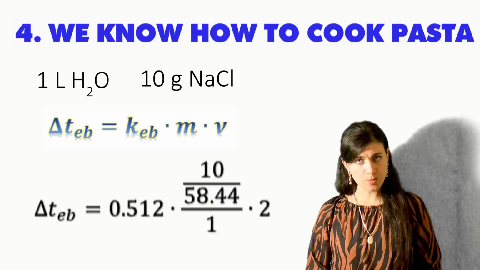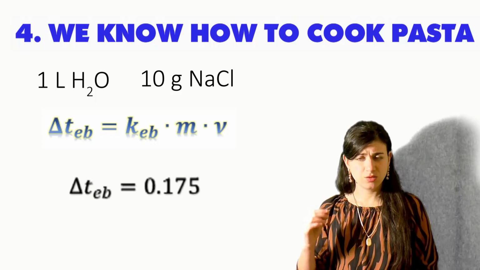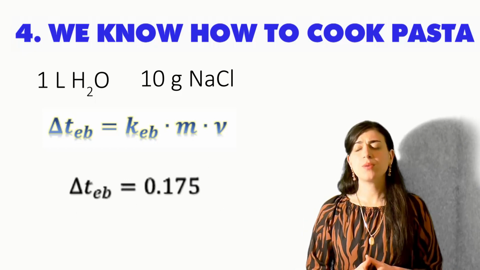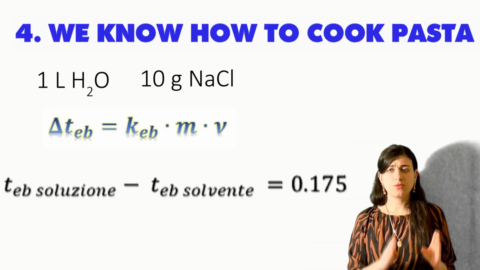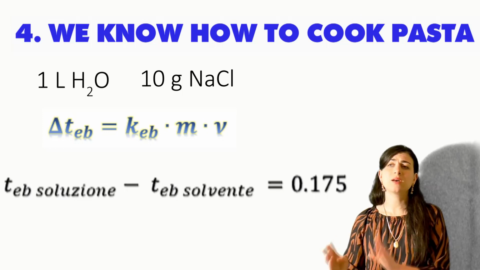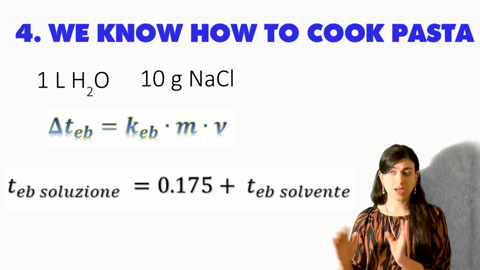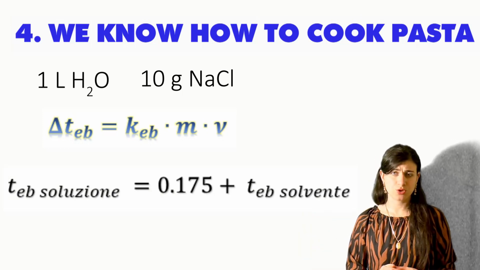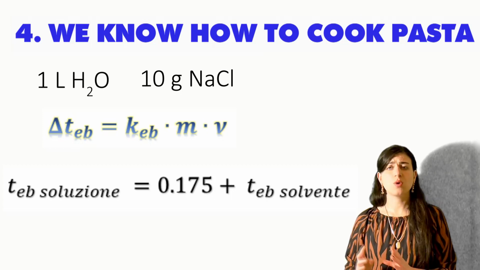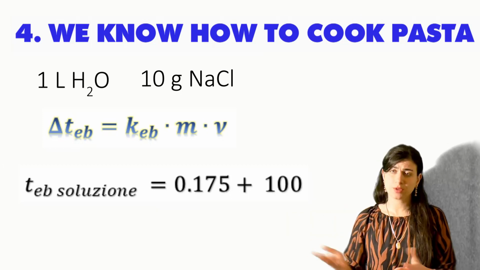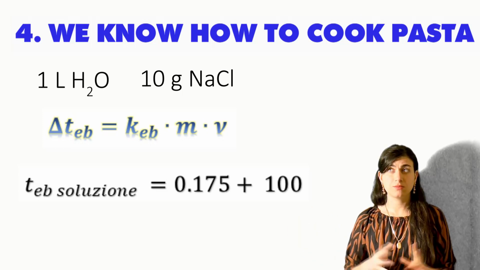So the variation of boiling point, if we do the math, is 0.175. What does it mean? I remind you that delta T equals the boiling temperature of solution minus the boiling temperature of the solvent. So if you take the boiling temperature of the solvent and you put it on the other side of the equation, you will have that the boiling temperature of this solution we have built equals 100 degrees, which is the boiling temperature of the solvent, water, plus 0.175.